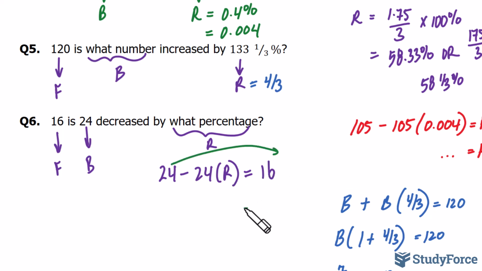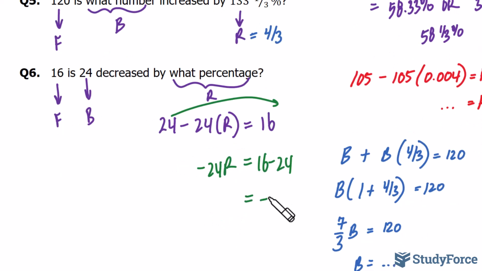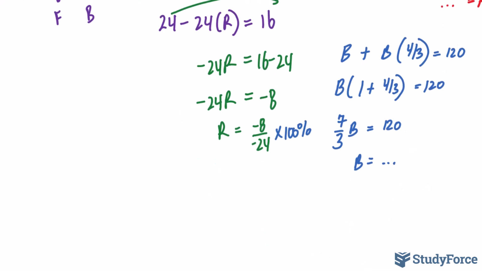Bringing that term over and subtracting what's on the right side would give you -8 and -24R on the left side. And finally, dividing both sides by -24, then multiplying the output by 100% would give you the rate. You should end up with a positive value.